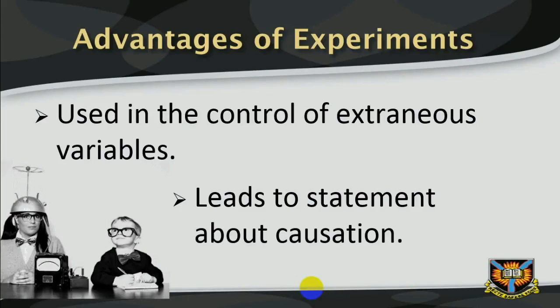Designing experiments so that there can be only one explanation of the results is at the heart of the experimental method, whereas non-experimental research techniques are limited to statements about description and correlation.